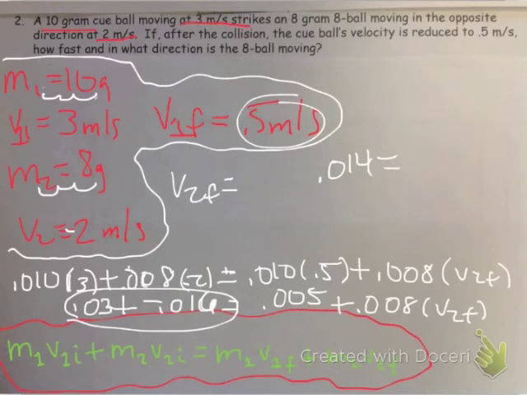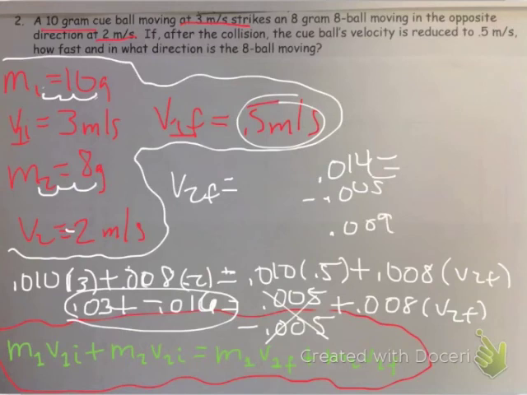0.014 minus 0.005, and that becomes 0.009. And again, we want to subtract because it's not multiplied by anything, so you're not going to divide.